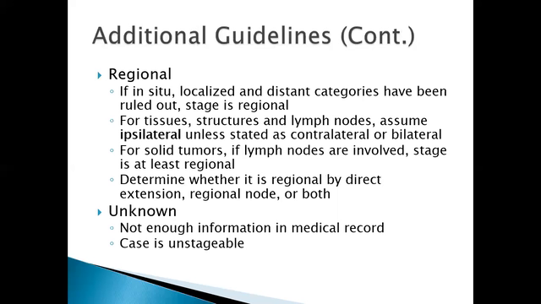Okay, so keep that in mind. For solid tumors, if there are lymph nodes involved with the tumor, the stage is at least regional. Okay, so keep that in mind.